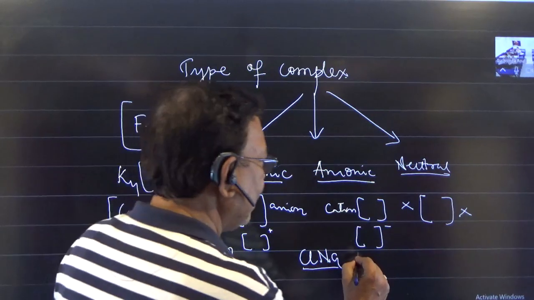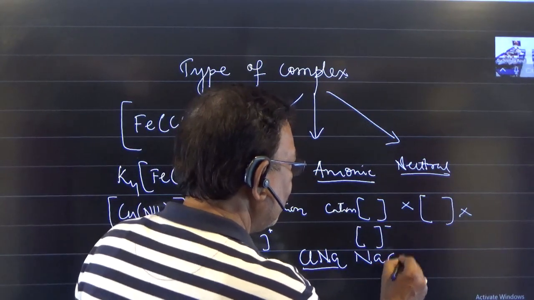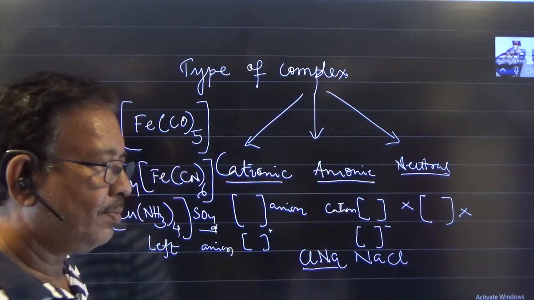If I write NaCl, sodium chloride, which is cation and which is anion?